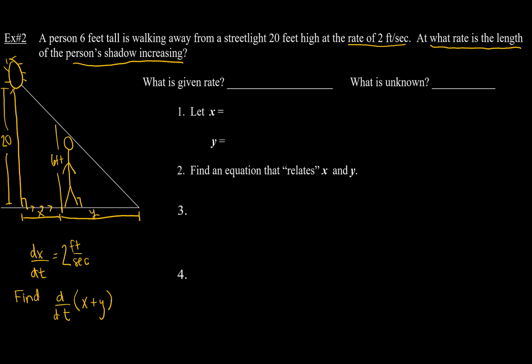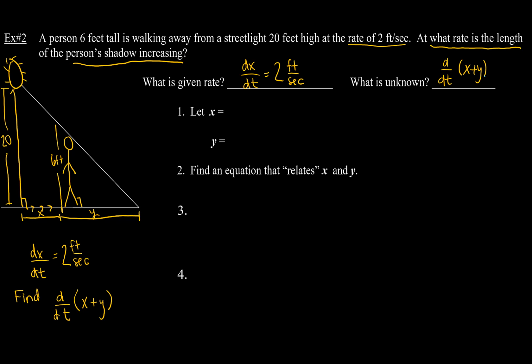All right, so my given rate is my dx/dt, and he's getting farther away, so it's growing, so it's a positive 2 feet per second. And what is unknown is the change of x plus y with respect to time.